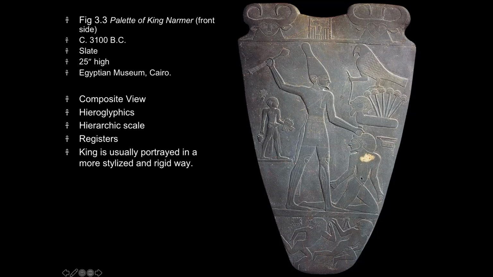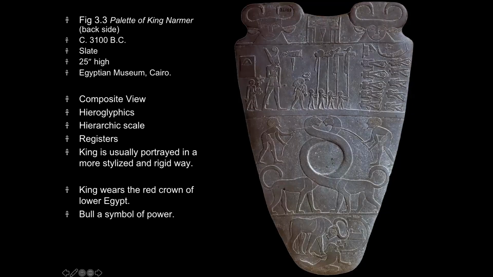The reason why you can tell that they're enemies is that they are not clothed. So if you're not wearing clothing in ancient Egypt, that means you're an enemy. It's not going to be the same in other works of art. And then the other thing is, instead of being shown rigid, like these two figures, like the Pharaoh and his assistant, instead we're seeing them as twisted. So that also shows that they're an enemy.